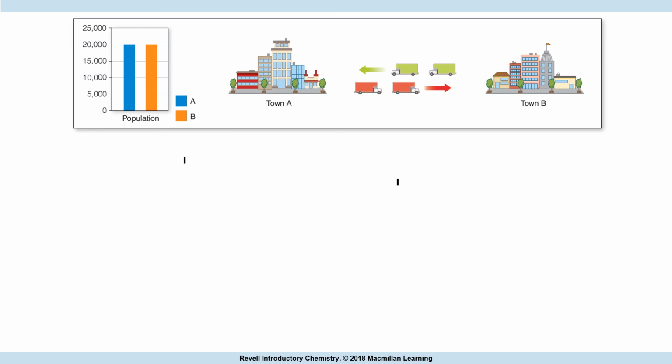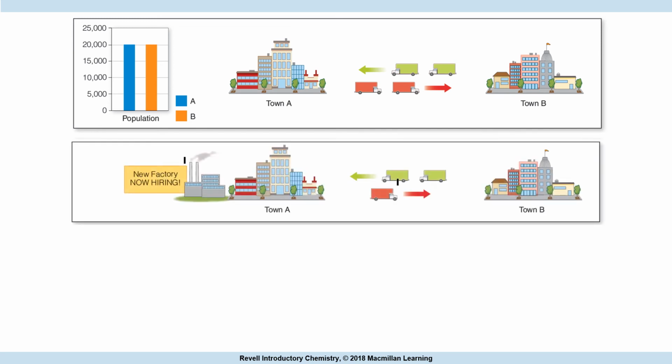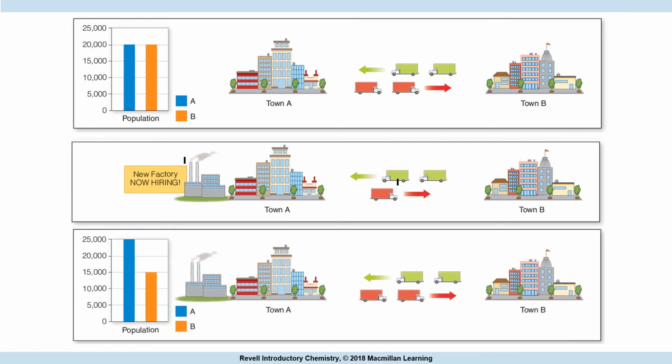If we envision a town A and B that are at equilibrium, they have about the same populations, and businesses are about the same, and the populations are fine. If there's a factory in town A that is now hiring, the populations will change.